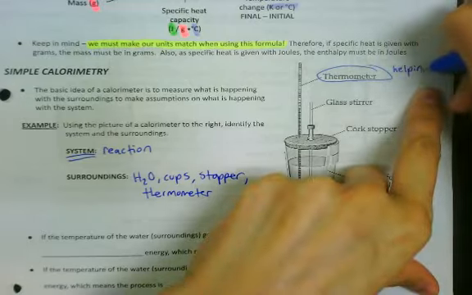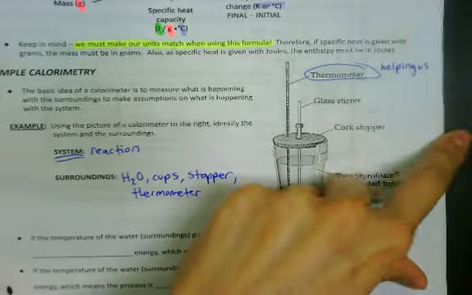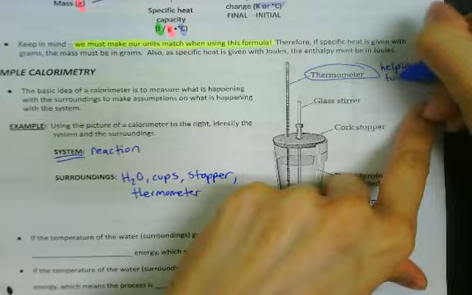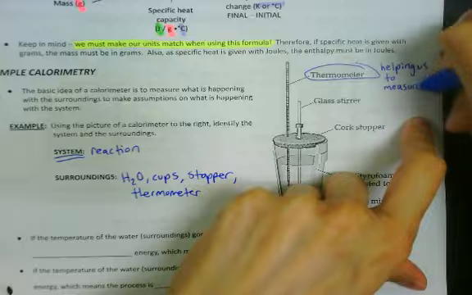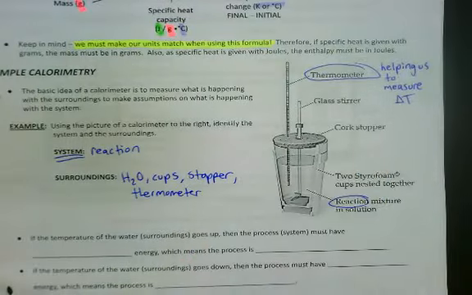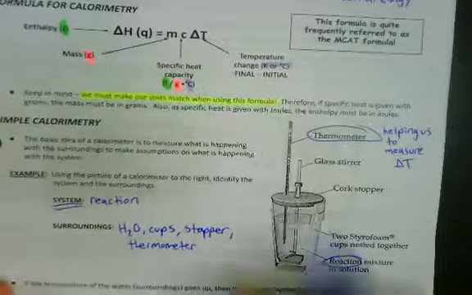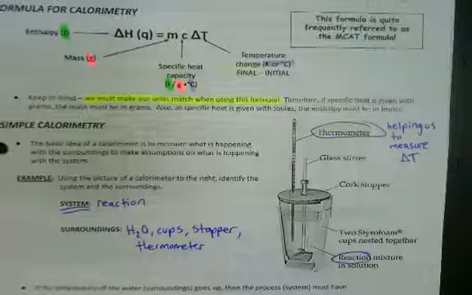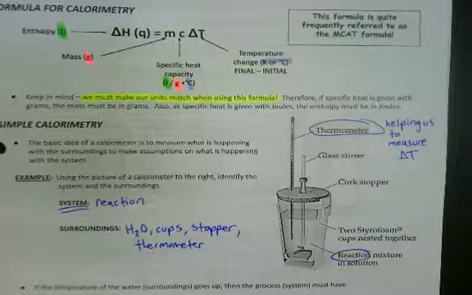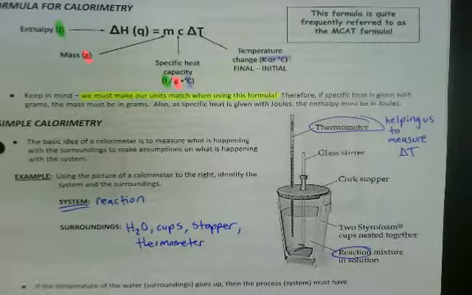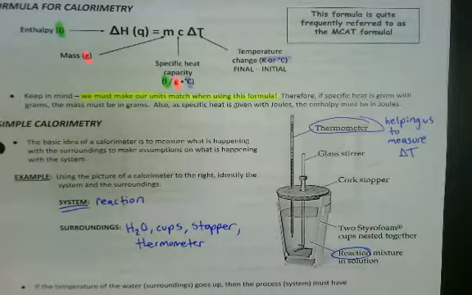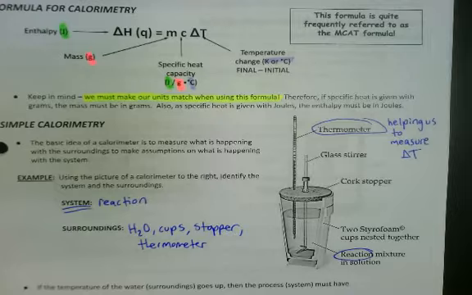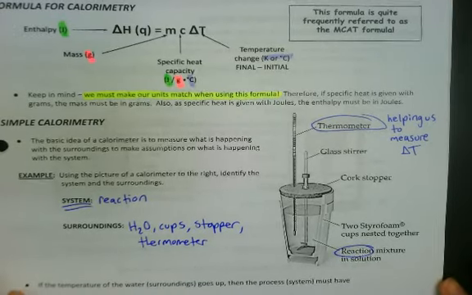So this thermometer here is going to be helping us to measure the delta T, the temperature change, that we can use to solve some of these MCAT equations that we're going to be looking at shortly. So a thermometer will always be some part of our calorimeter setup here.